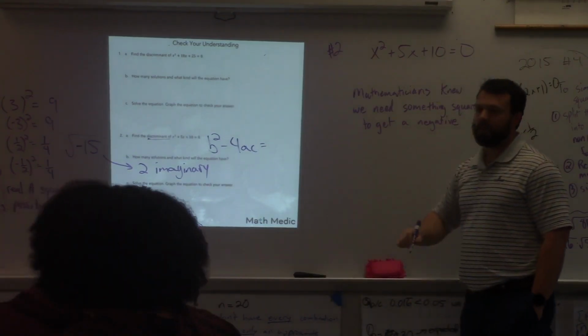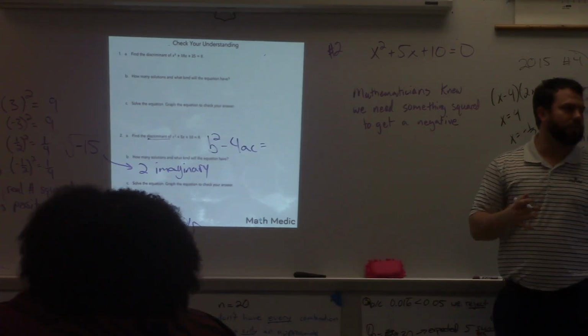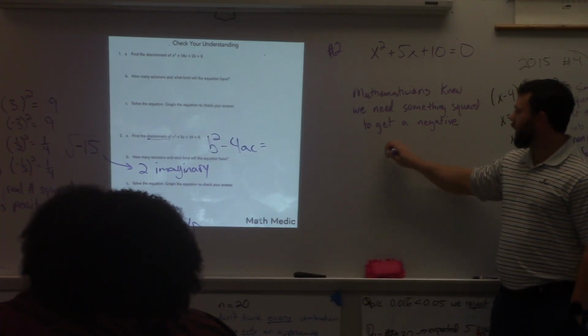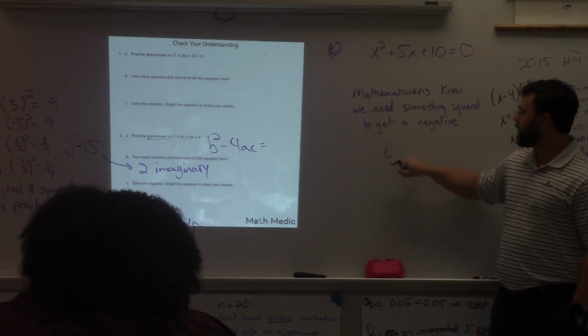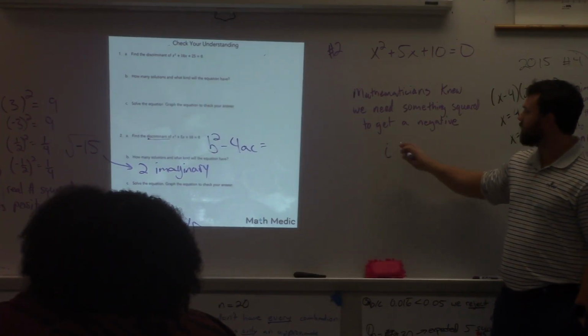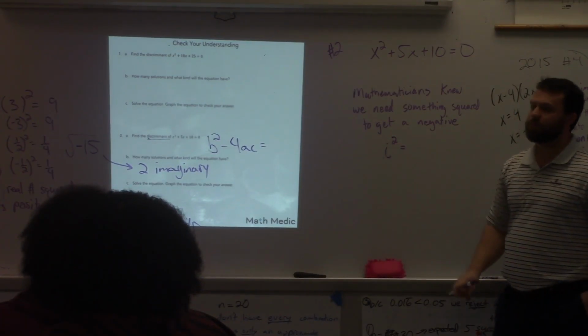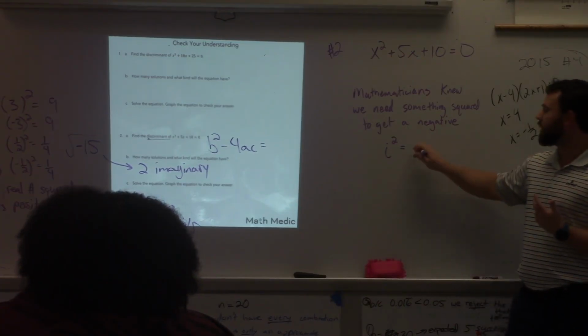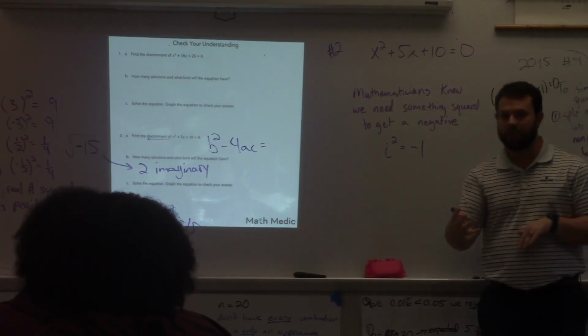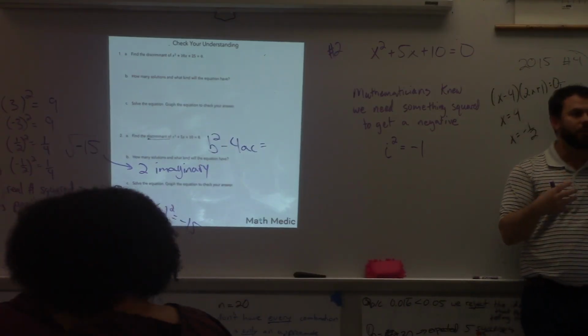They created a number, or discovered it. They made the number i, and they defined i so that i squared equals -1. That's something I talked about briefly last week. Literally, they discovered that they needed this.